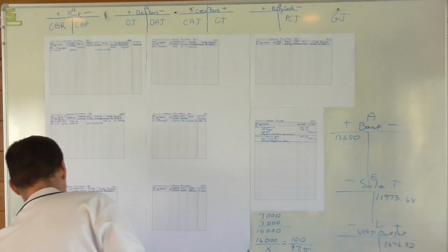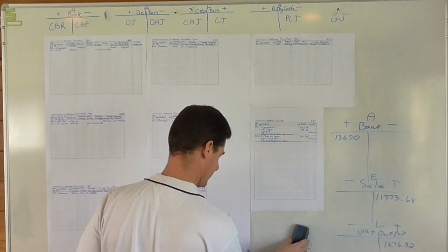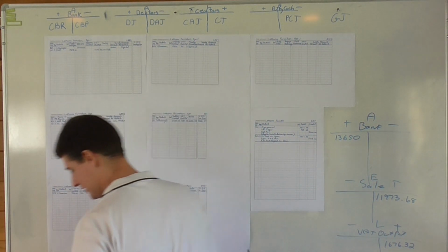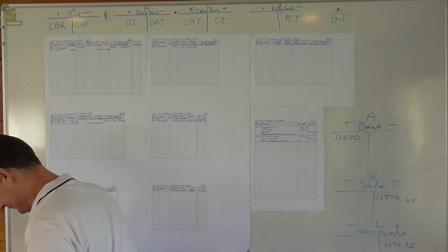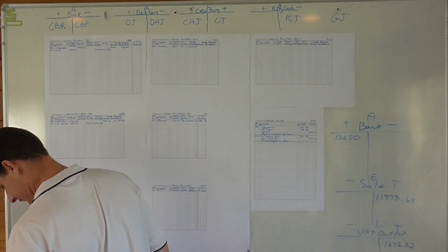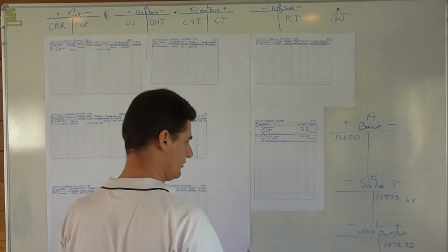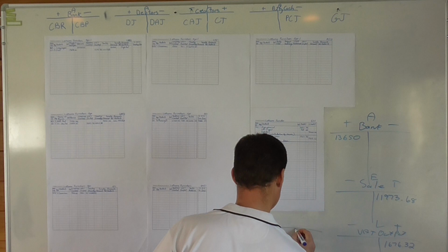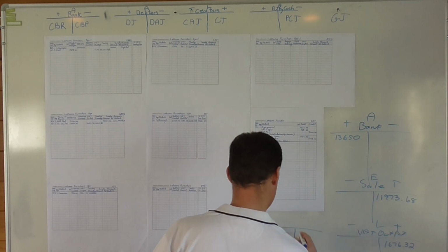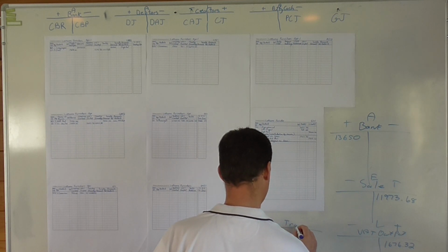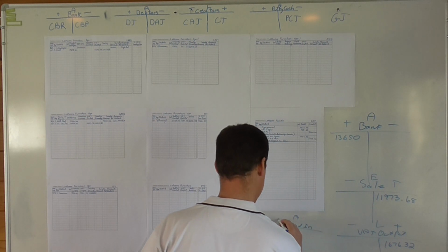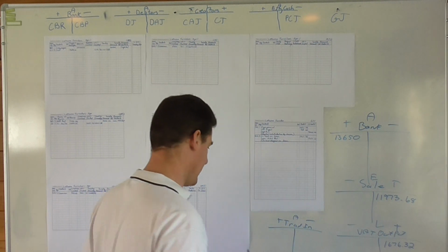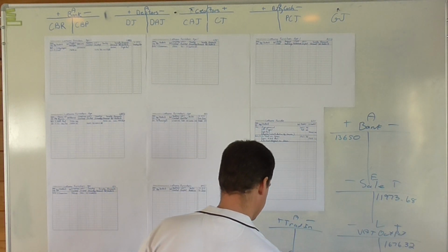So let's quickly do that. Alright. Sorry, I need my two calculations. So the one is trading inventory, asset plus minus, and then cost of sales.